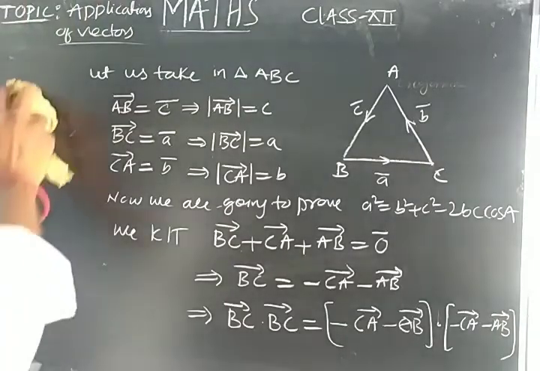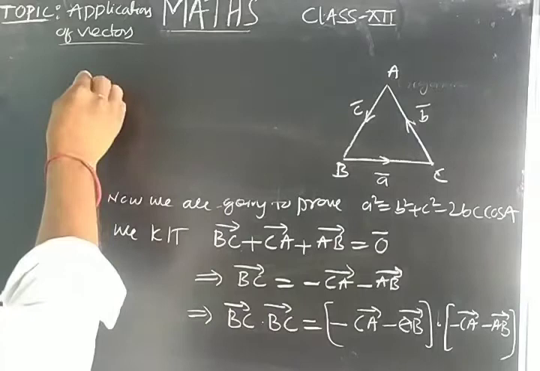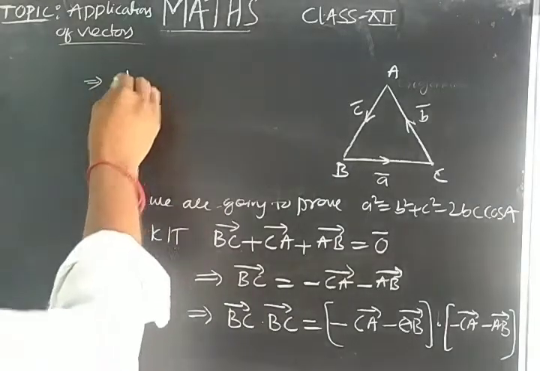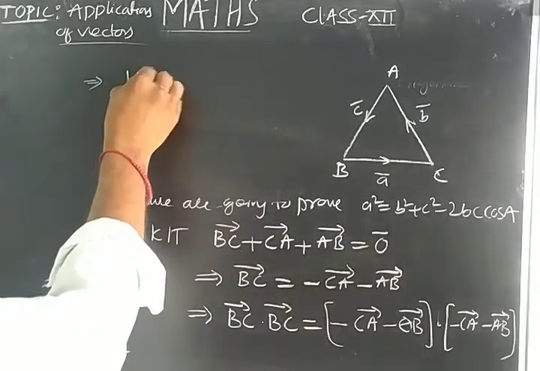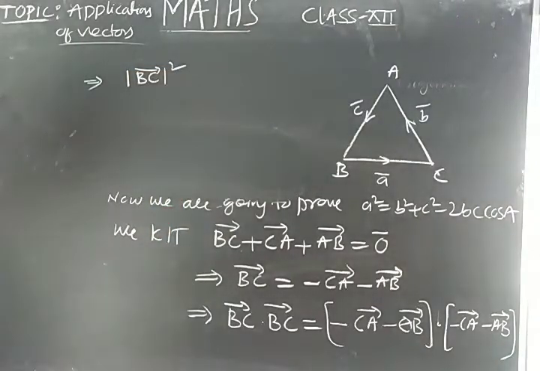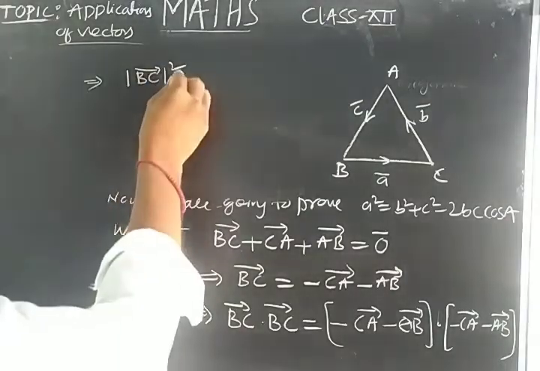Now what will we get? BC vector dot BC vector gives BC vector mod square, since A bar dot A bar equals mod A square. So BC vector dot BC vector equals mod BC square.